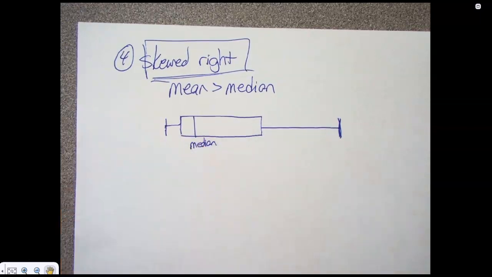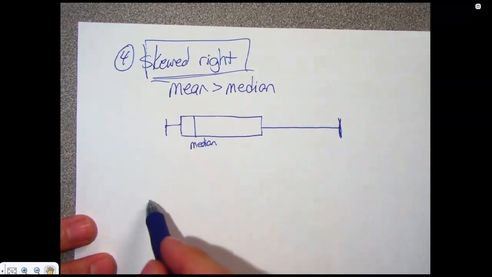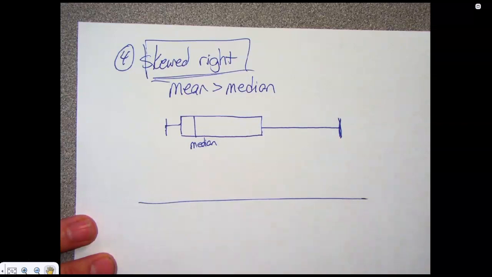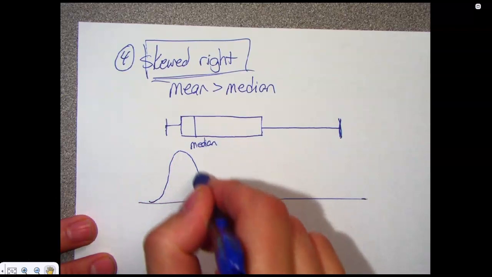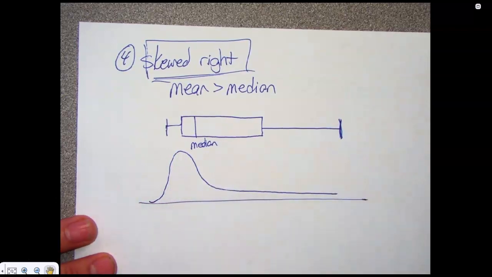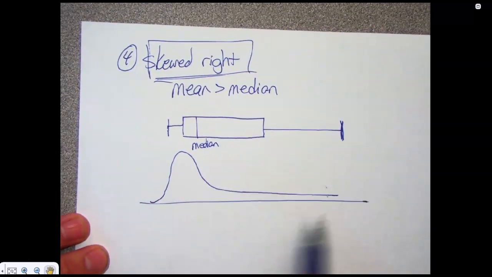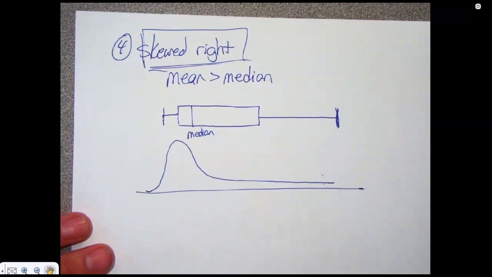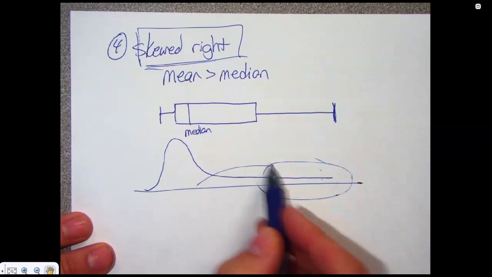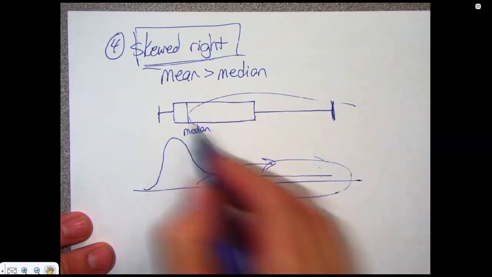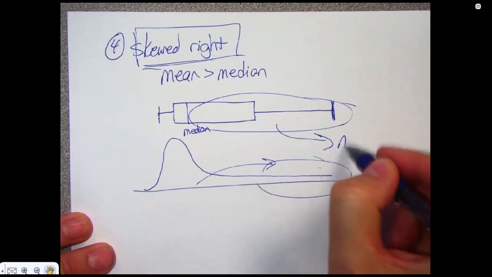The spread out huge numbers or the numbers that are just a little bit below? It's going to be the spread out huge numbers, right? In a bell curve type of thing, it would look like this, where most of your data's here, but then you've got this tail over here, and these extreme values will pull your mean. These extreme values here pull your average up.